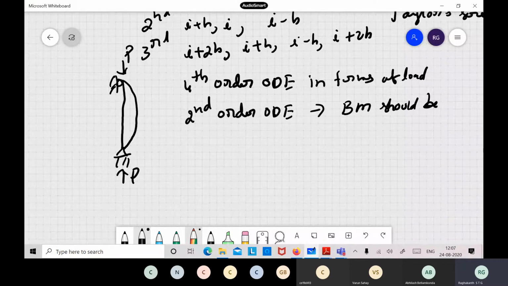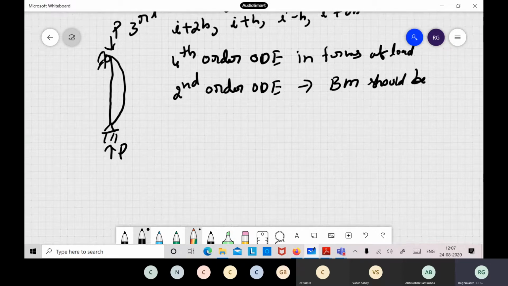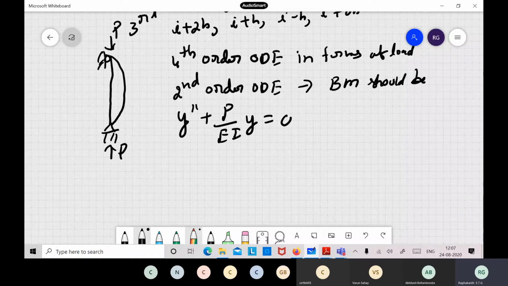Now when you try to calculate buckling loads, which one do you prefer, the fourth order ODE or the second order ODE? Which one is easier for you now? Second order. Why second order? We need fewer grid points. Okay, that is perfectly fine.